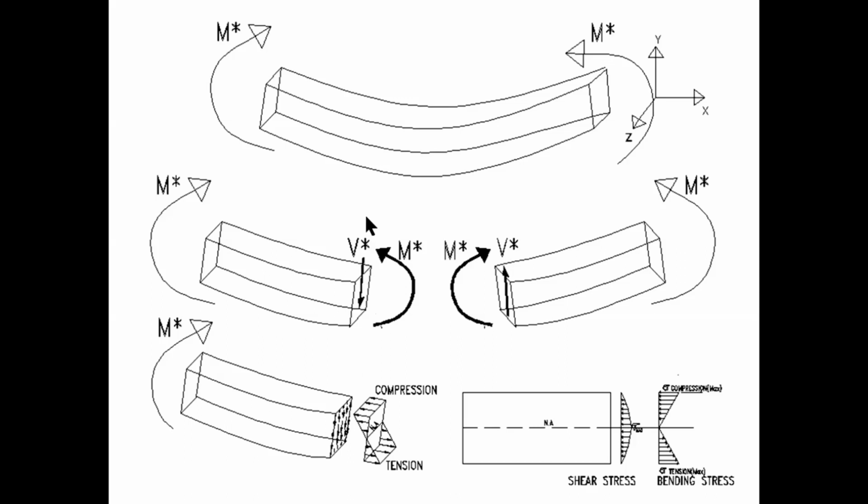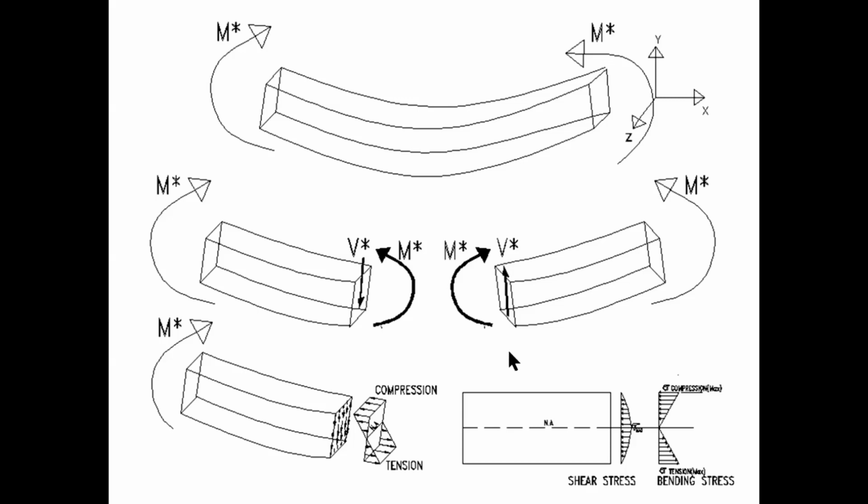You can see here in the 3D image, there is a shear force as a resultant of the vertical shear stresses acting parallel to the cross-sectional surface, and we will also see an internal bending moment, which is the resultant of the normal stresses, known as bending stresses, and this acts perpendicular to the cross-sectional surface. The normal stresses here are referred to as tension and compression, and they are acting opposite to each other.